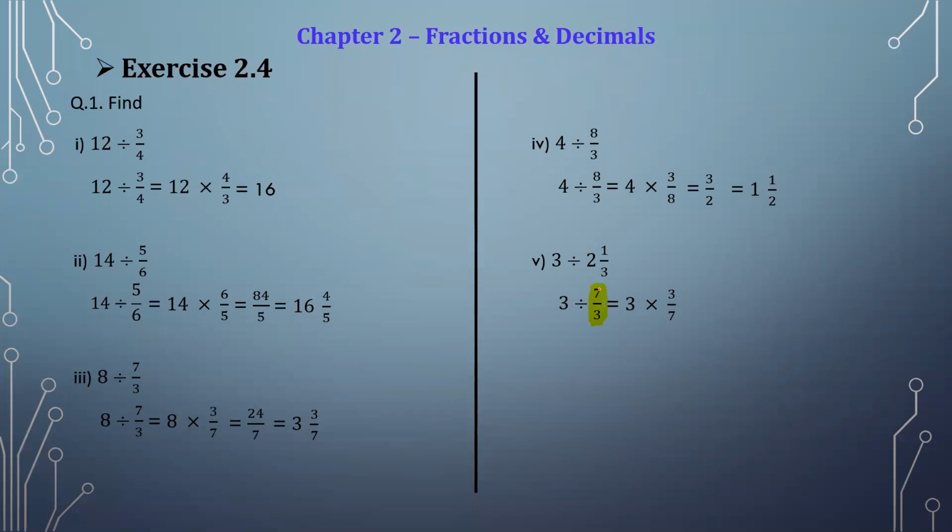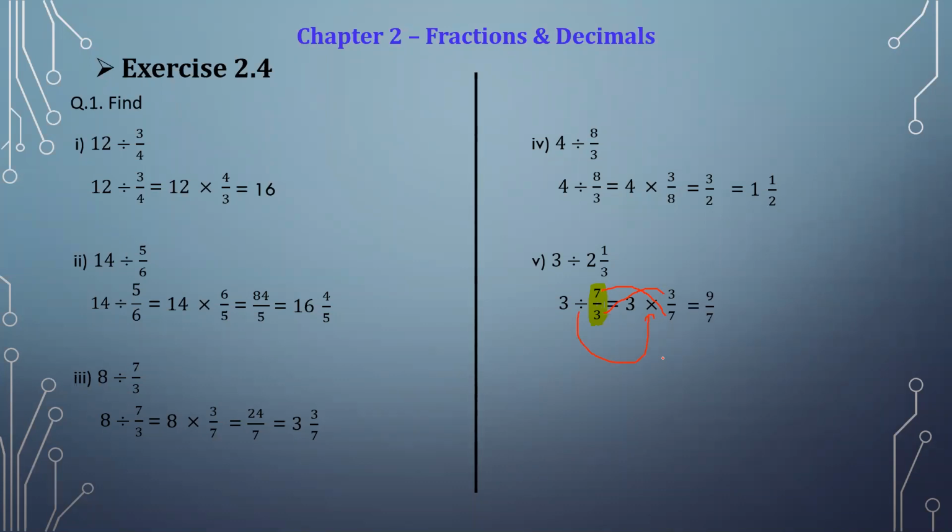We have taken the reciprocal by shifting 7 to the denominator and 3 to the numerator. After taking the reciprocal, the division is replaced by multiplication. So now you can perform the multiplication. 3 3s are 9.